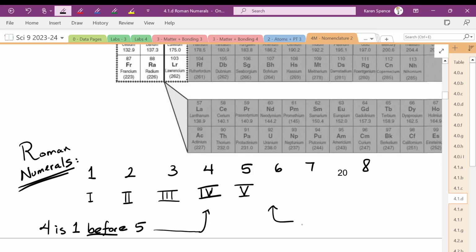6 is 1, whoops, I should write 6. 6 is 1 after 5. So what would 6 be? VI, because there's a 1 after the 5.